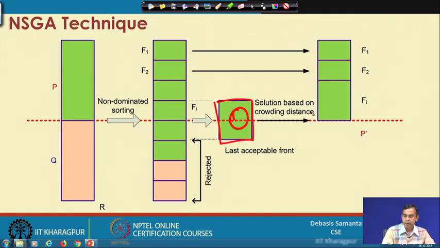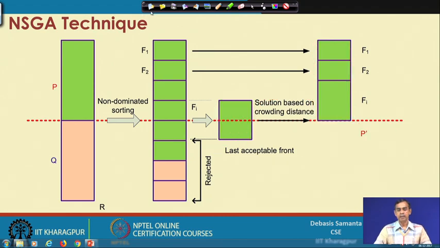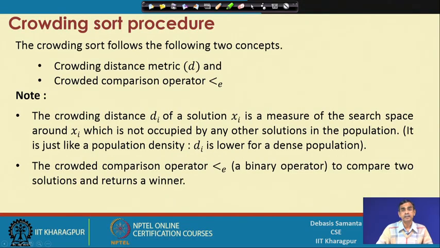So we have to take only this many solutions, so that the total size of the population equals N. Now how to select the most preferred solutions? This is based on the crowded tournament selection method, which will be discussed in this lecture.